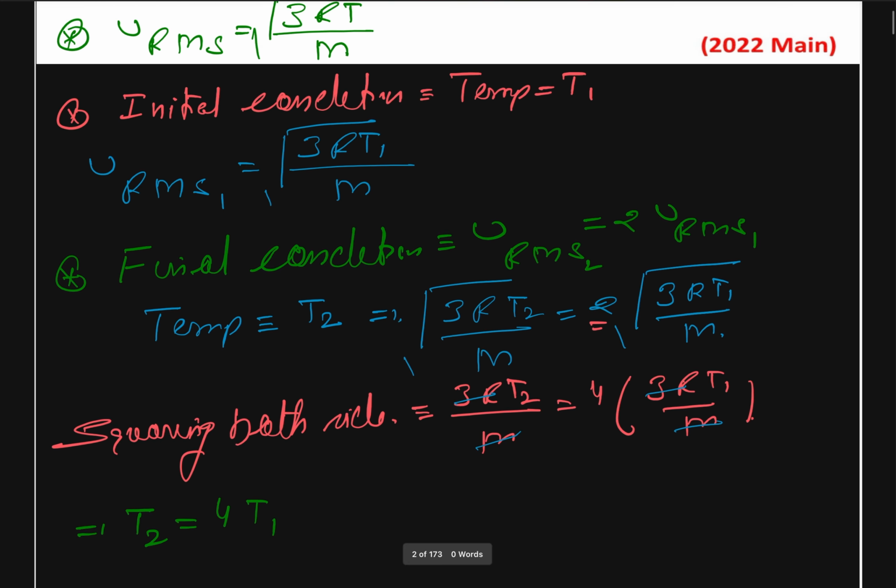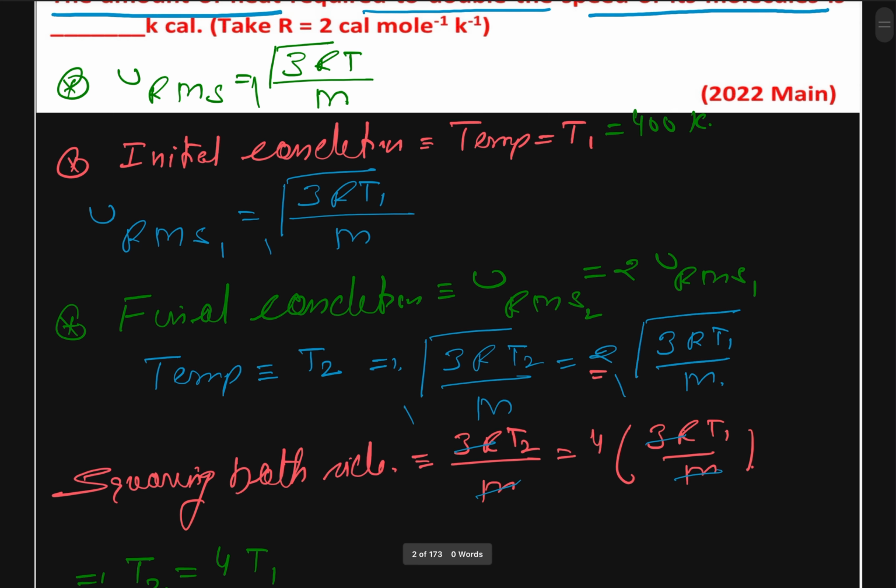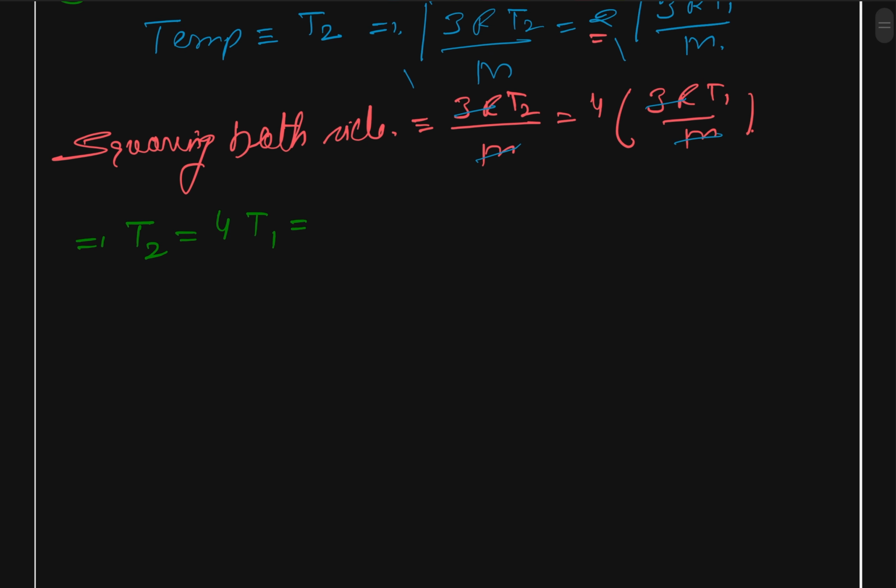And T1 is given to us, that is 127 degrees centigrade, or we can say that in Kelvin, adding 273, this will be 400 Kelvin. Therefore we get T2 will be equal to 4 multiplied by 400.